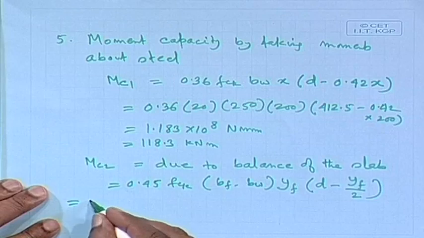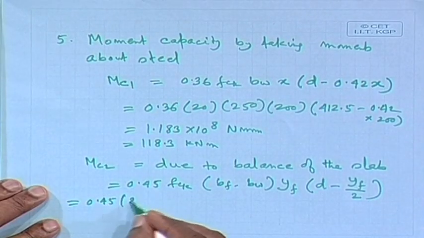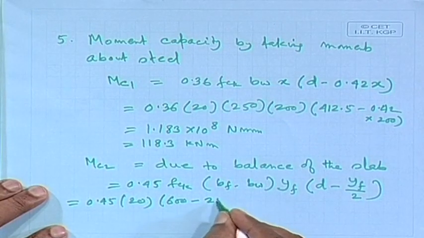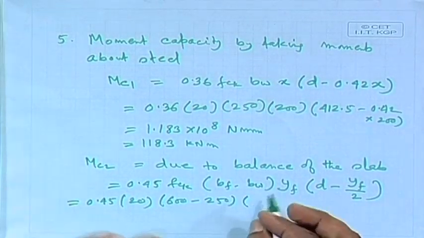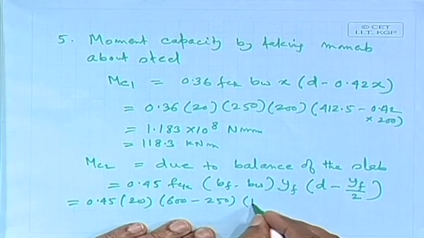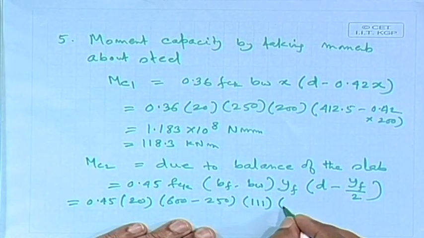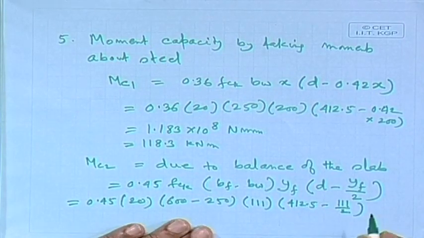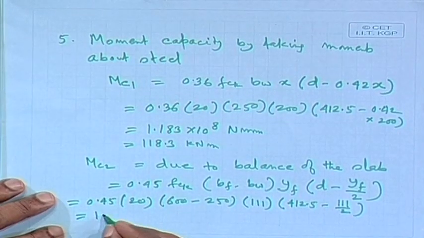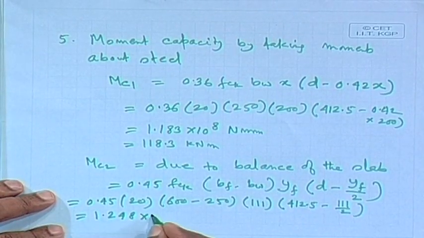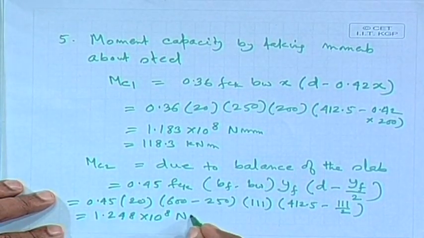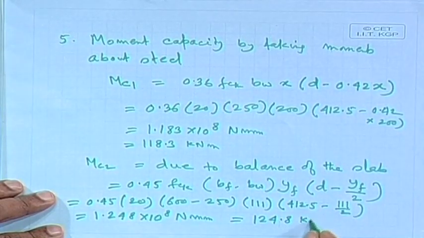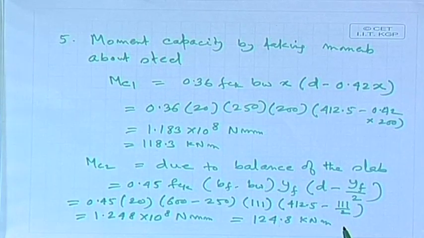Which comes as 0.45 times 20 times 600 minus 250 times 111 times 412.5 minus 111 by 2 equals 1.248 into 10 to the power 8 Newton millimeter, equals 124.8 kilonewton meter.